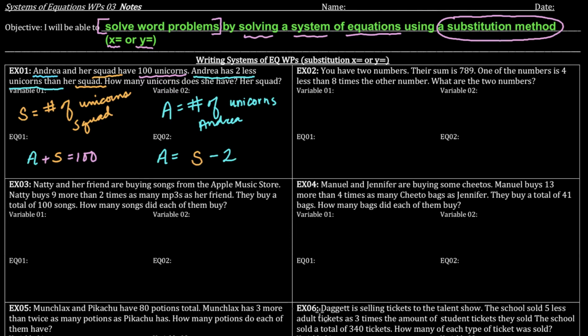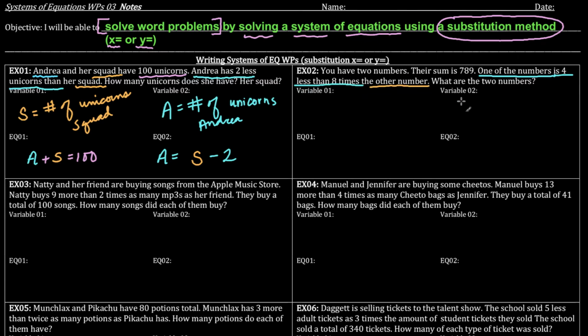Now we have 5 more of these, so we have plenty more examples if you're still a little confused. So you have 2 numbers. Their sum is 789. So let's put 2 numbers, the first number and the second number. One of the numbers is 4 less than 8 times the other number.